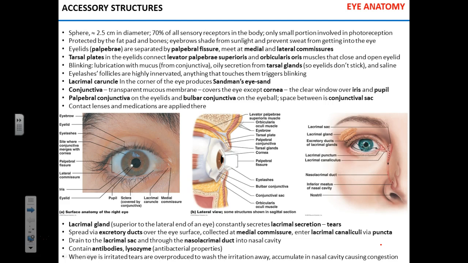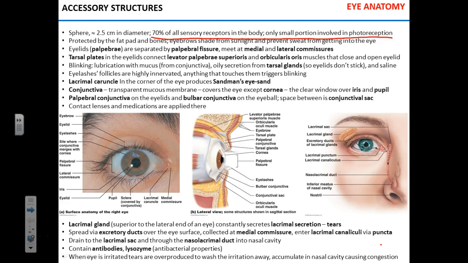Why do we focus so much on vision? About 70% of all sensory receptors are in the eye. So you receive the majority of the sensory input from your eyes. Actually, only a small anatomical portion of the eye is involved in sensory reception.